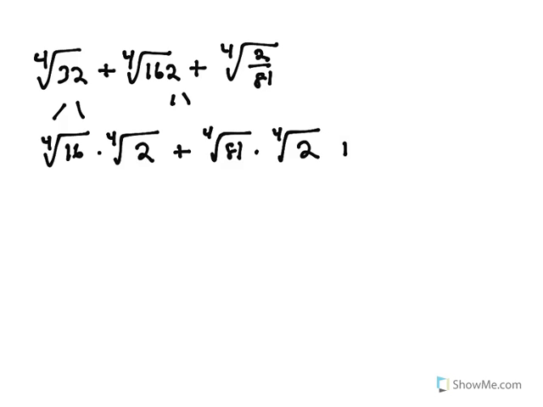And then, of course, we want to do the last term. And the last term is just basically stating this. The fourth root of 2 over 81, let's rewrite this, I'm sorry. The fourth root of 2 over the fourth root of 81. Okay, because you can write those as separate.